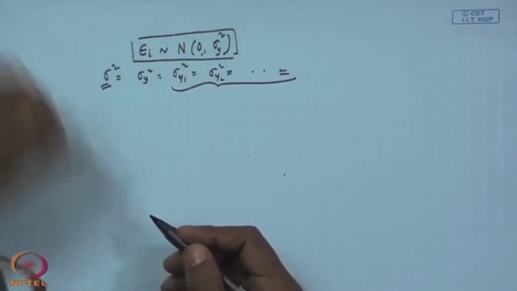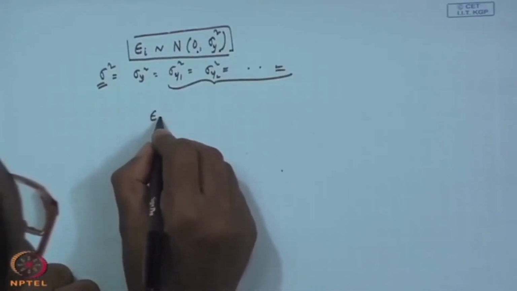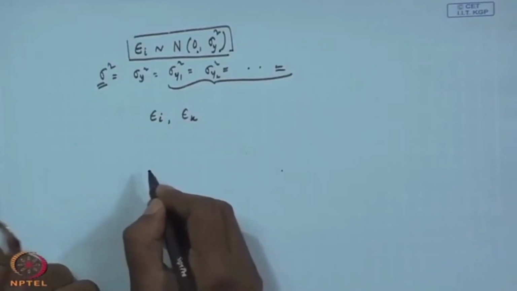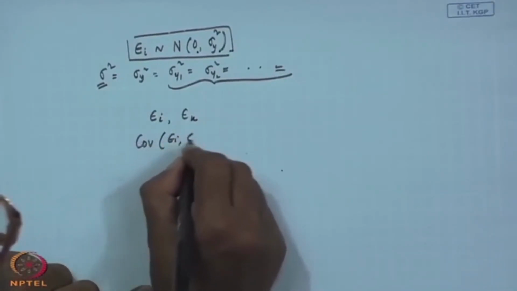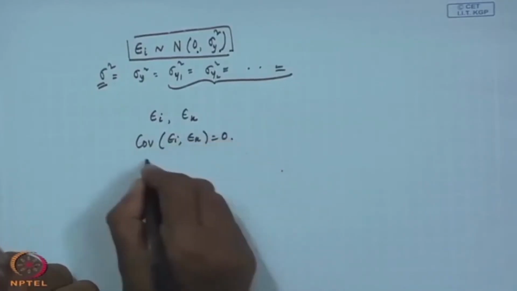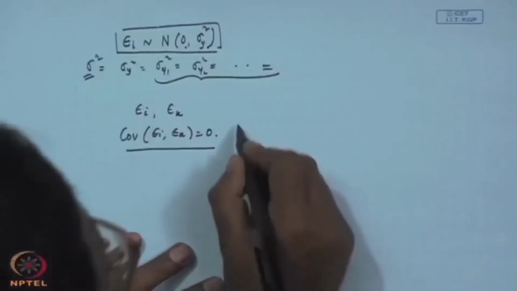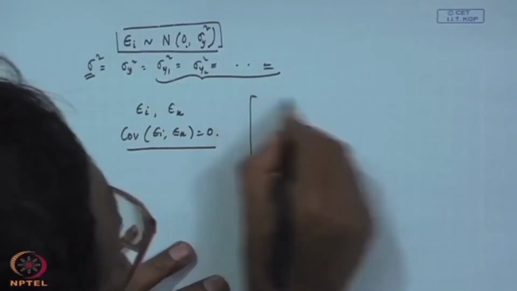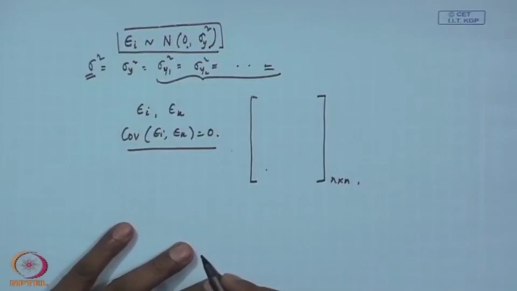Now, suppose there are two error terms, y i and y k, then the covariance between these two will be 0, that is, uncorrelated error terms. As there are n errors, if I see the covariance matrix between the error terms, you will get an n cross n matrix.